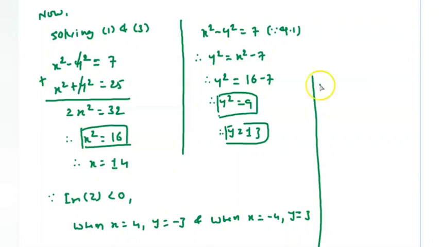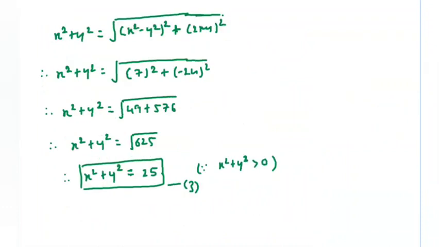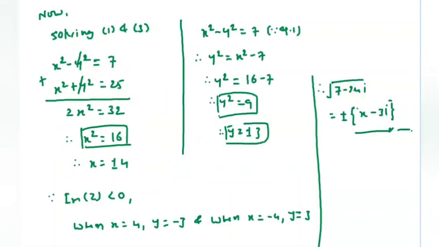Therefore the square root of the given number 7 minus 24i will be given by plus or minus (4 minus 3i). Clear? I hope you have understood very well how to find the square root of a given complex number. Further topics we will discuss in the next video. By that time, take care. Goodbye.